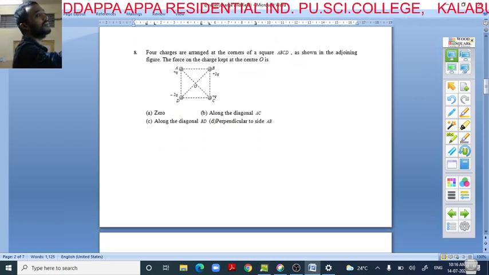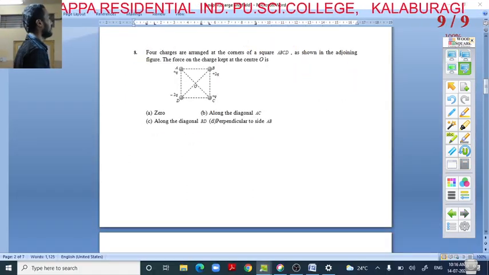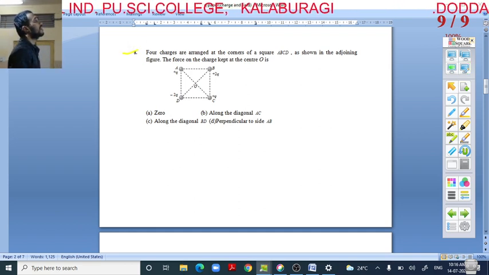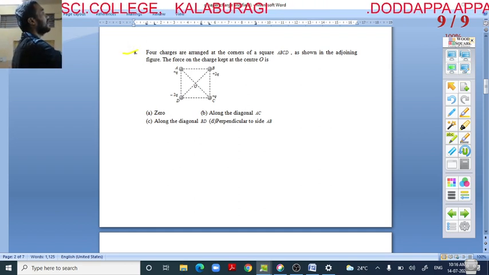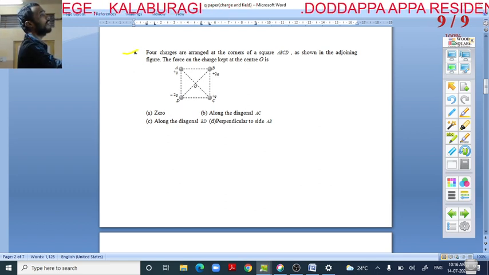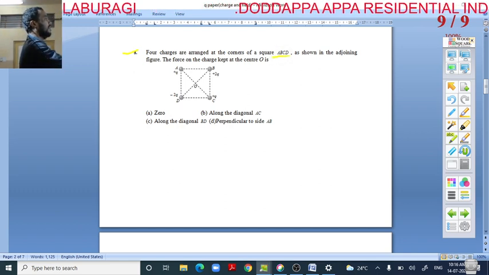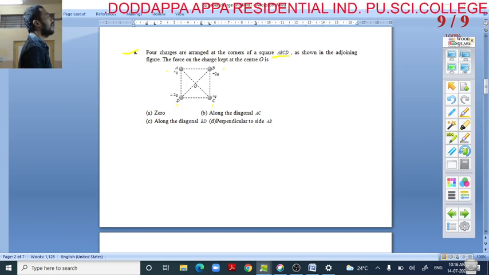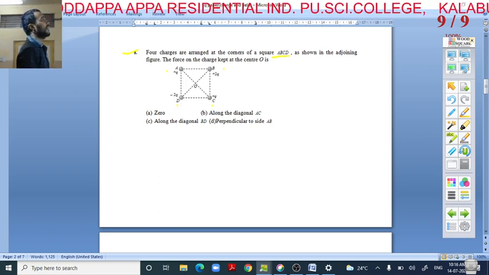Question number 8 is quite interesting. Just think over it. Four charges are arranged at the corners of a square ABCD, as shown in the adjoining figure.